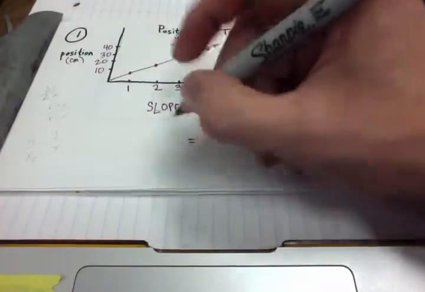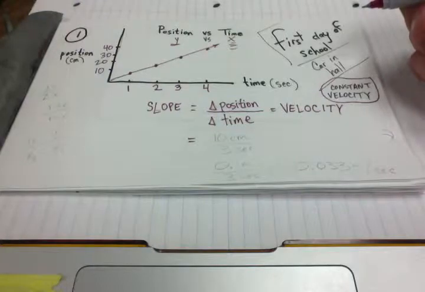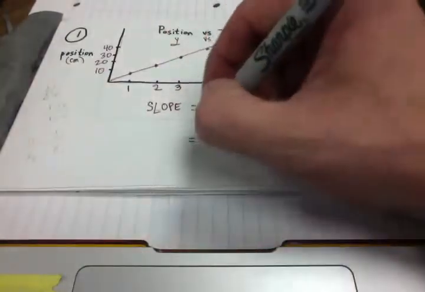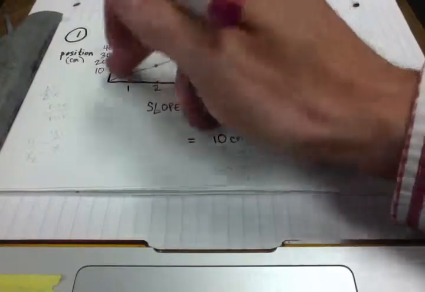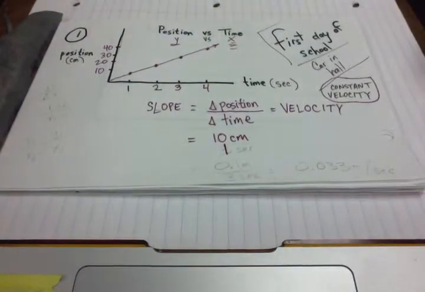An example like this, so what did I have it at? Actually, we marked it about, so what do we have it here? This is quite simple. It went 10 centimeters in 1 second, so you could keep track of it that way. That works.